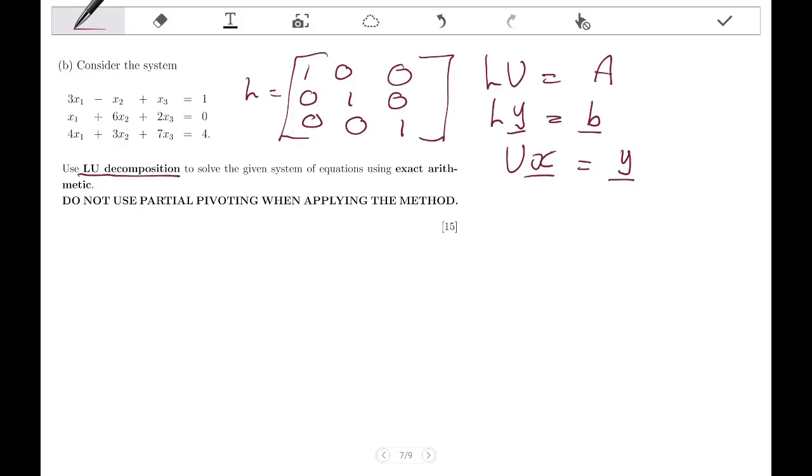So let's write the augmented matrix from these equations first. If we write the augmented matrix from this, that means we're writing this system in the form of AX is equal to B. So our A is going to be the coefficients of this, 3, minus 1, 1, then 1, 6, 2.